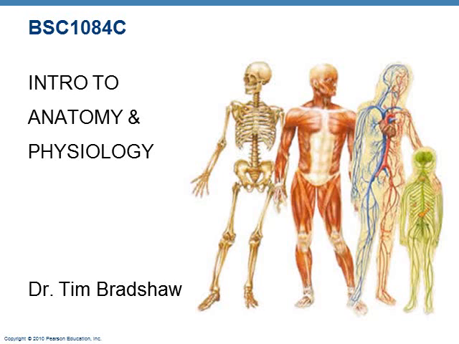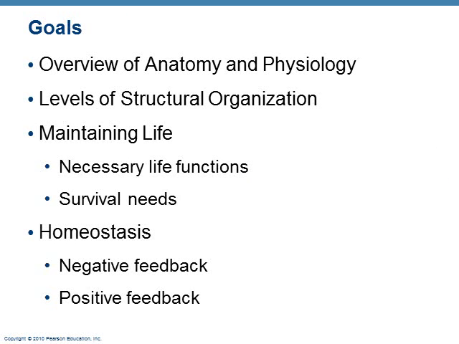Today we are going to start our first lecture, which is an introduction to anatomy and physiology. Our goals for today are reviewing what we mean by anatomy and physiology, looking at the different structural levels of the human body.